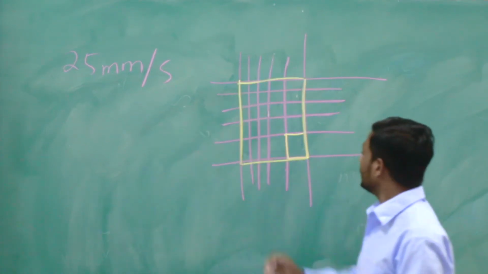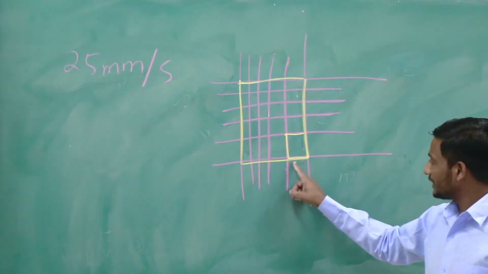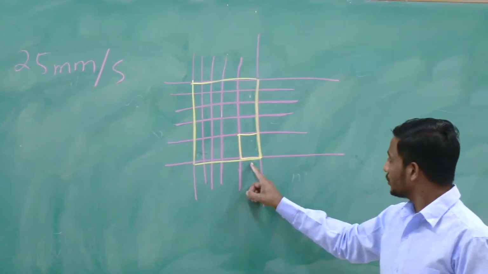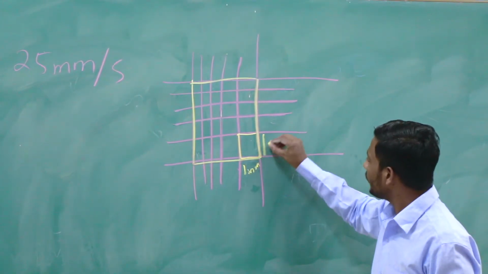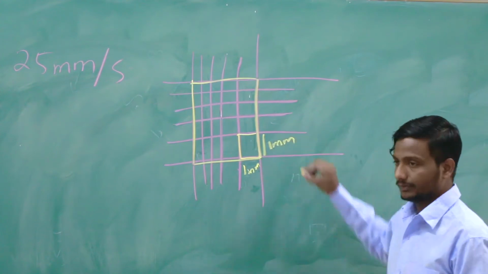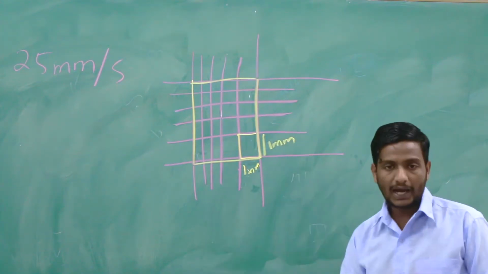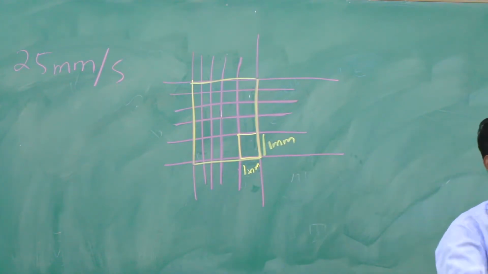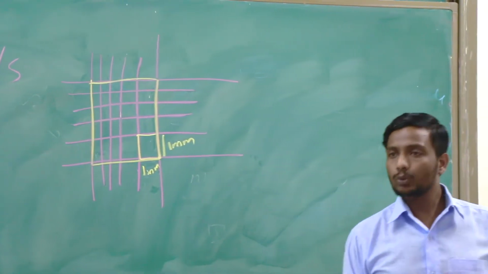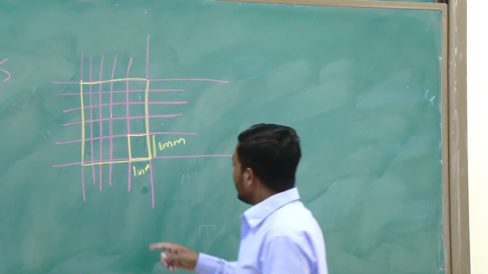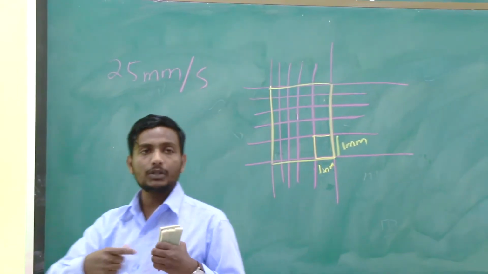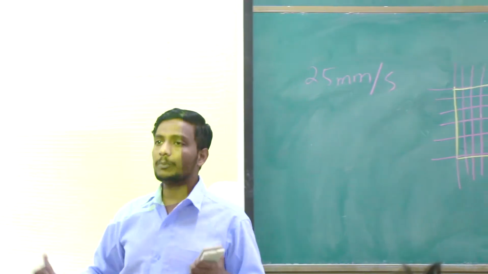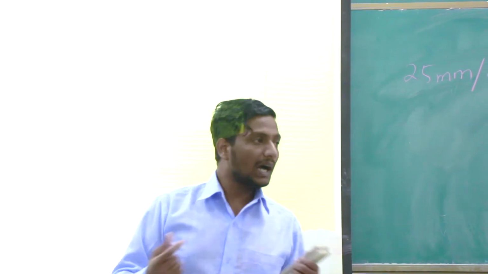And this thing is going to be the large square. Remember, for the small square, the length is going to be 1 millimeter, and the height is going to be 1 millimeter. They are squares, so height and width are the same.